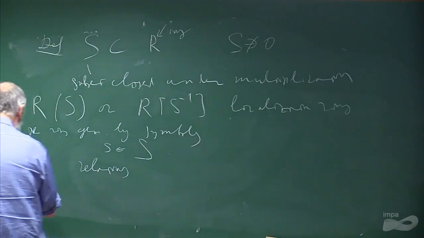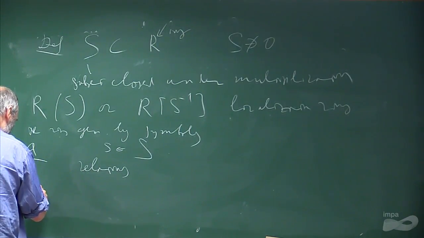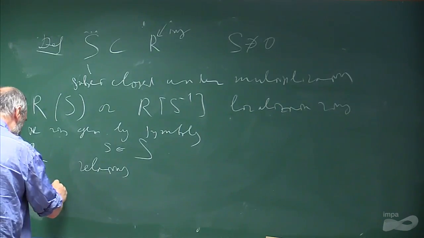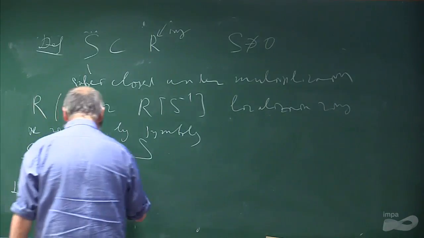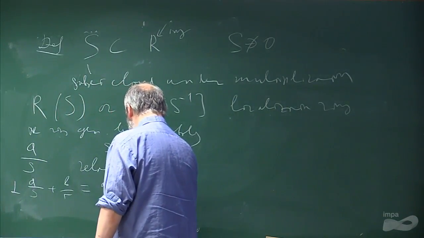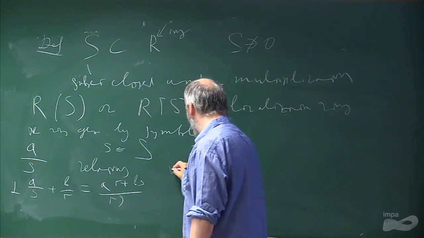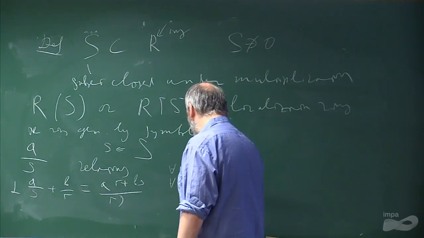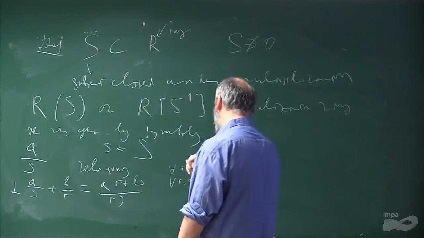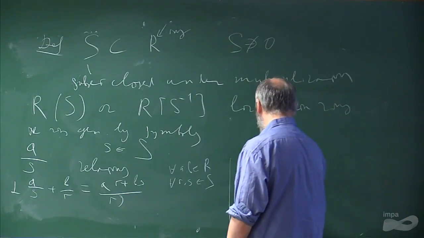There are two relations. First, A by S plus B by R is equal to AR plus BS quotient by RS. This is for all A, B in our ring, and for all R and S in our localizing set. And the second relation is even easier.